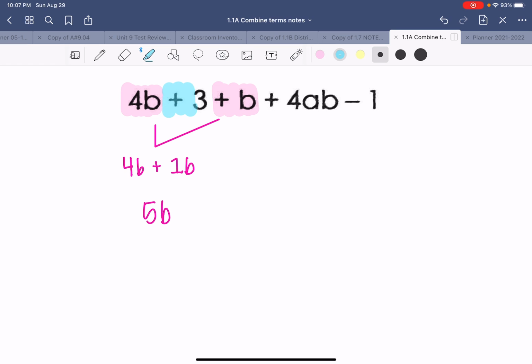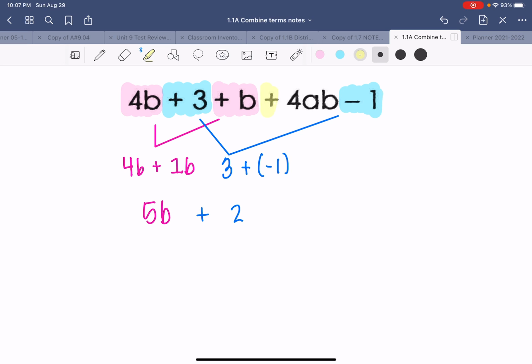My next term is a positive 3. So I'm looking for anything else that's also a constant. Remember, the constant is a standalone number. And this -1 is that constant. So altogether, we have a positive 3 plus a -1, which gets us a positive 2.